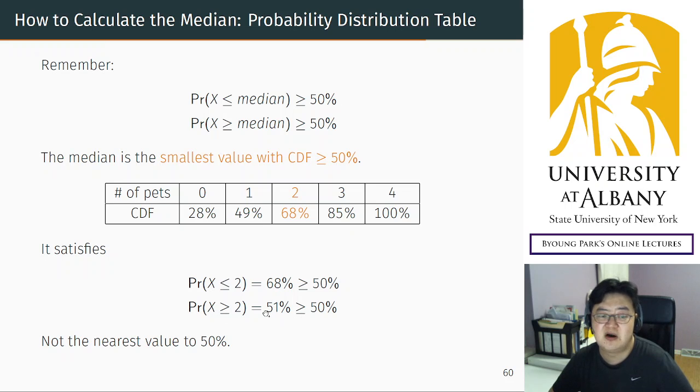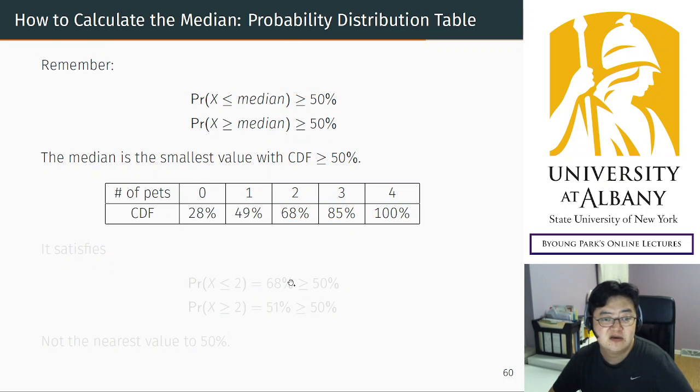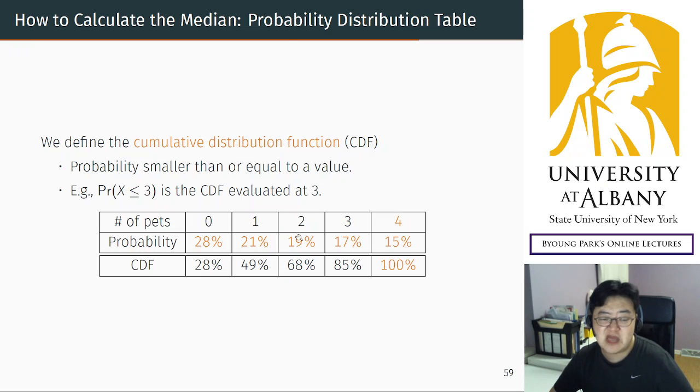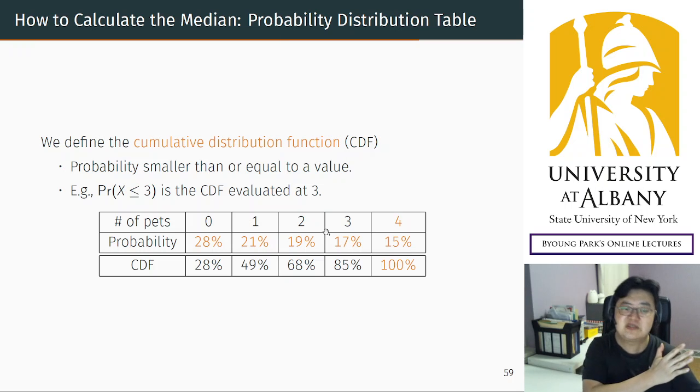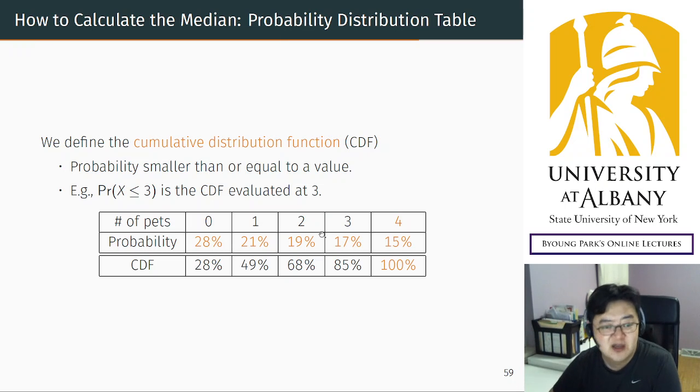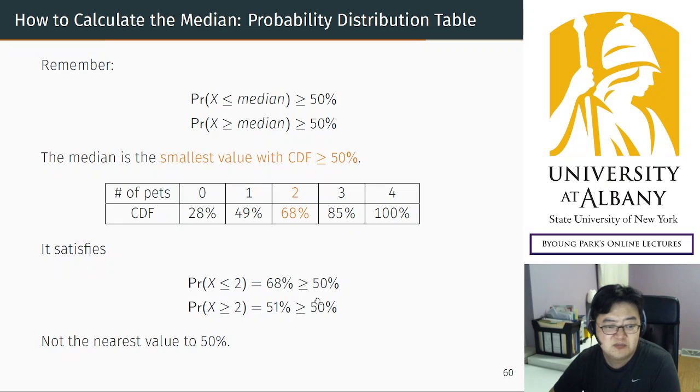On the larger side, there are 51%. The reason they sum to greater than 100% is that the probability at 2 is 19%. So 19% is included in the smaller side and the larger side at the same time. Because of that, we have to make both inequalities greater than 50%, so the equality is included here. 2 is included in both cases, so the probability of 2 contributes to both.